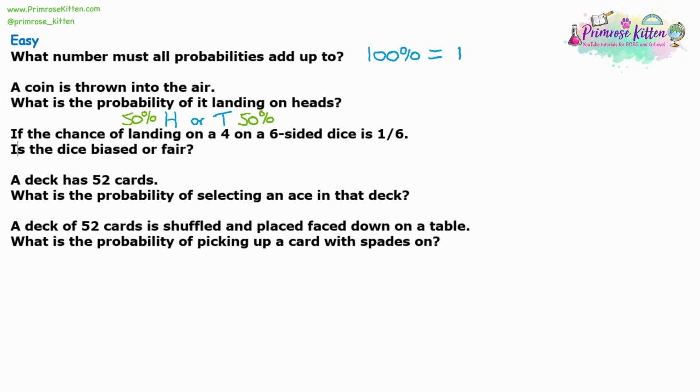So for our final answer, what's the probability of landing on heads? We can say 50%. You could write a decimal, you could say that's 0.5, or, and this is really important, you can write it as a fraction. As a fraction, there's 2 possible things that can happen, heads or tails, and only one of them is what you want, heads. 1 chance of heads over 2 possible things altogether.